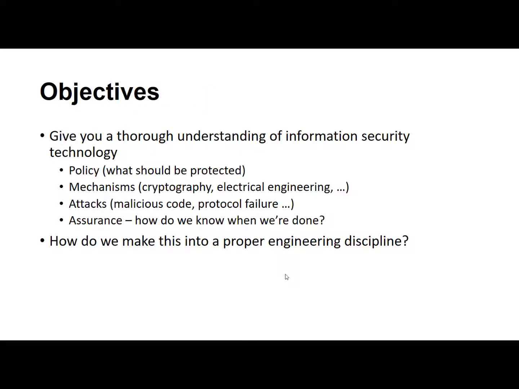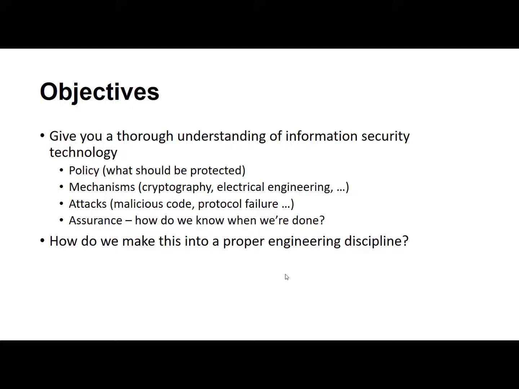The objectives for this course: there are 4 objectives. The first one is for you to understand the policy for security. That's more important. The second one is mechanisms. Generally, the mechanism means the technology we will use for security.